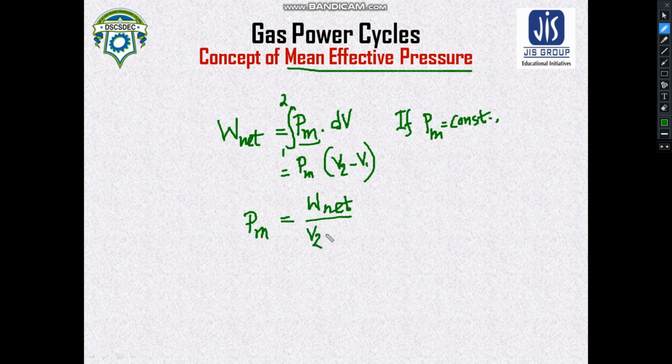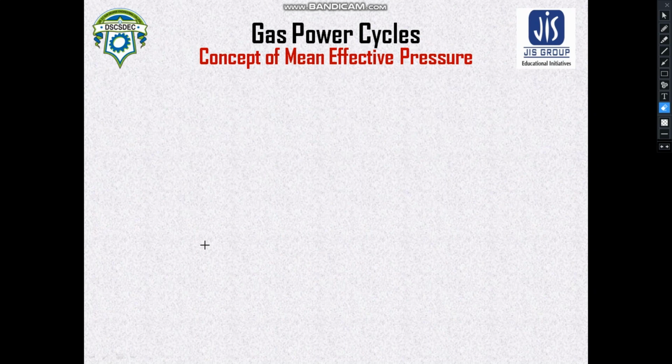So this is your mean effective pressure. For any engine, you can derive the mean effective pressure, and it gives you the characteristics of the engine in terms of developing work, or in terms of efficiency. So using this parameter, you can characterize the efficiency of different engines.